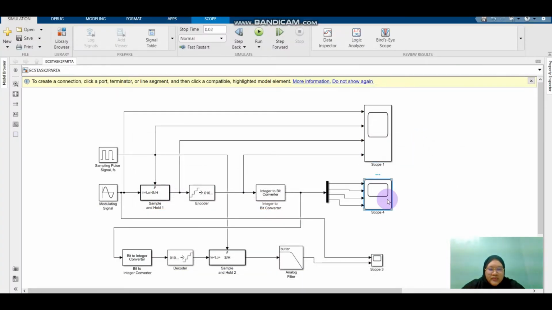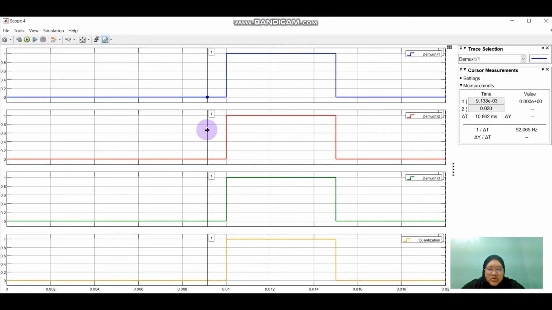Let's compare it with the PCM data. I use the cursor selections to make reading easier. At 0.05, we can read the 4 bits from the top to the bottom: 0000. The second binary data is also 0000, the next one is 1111, and the last one is 0000.